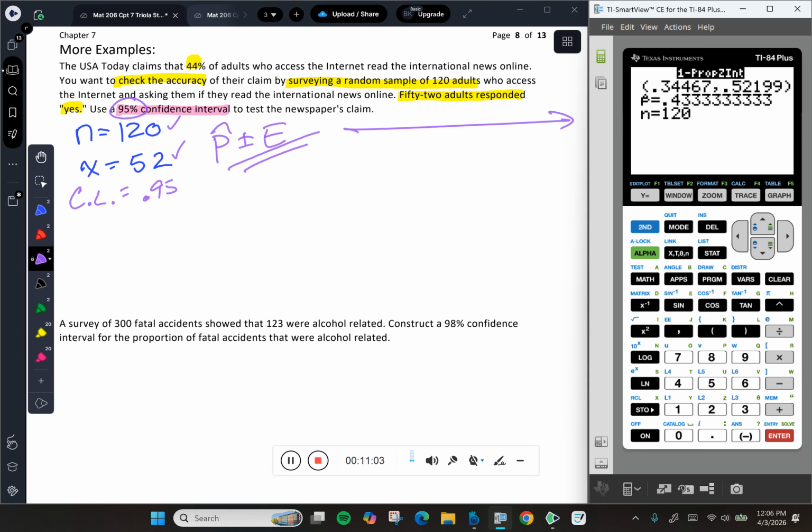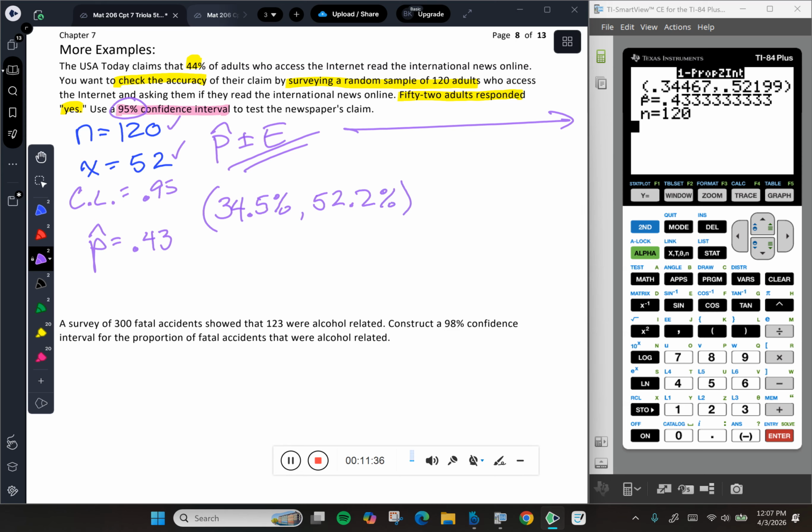And I calculate, and I see that I'm looking at a p hat of 0.43. And I've got a confidence interval of from 34.5, if I go to one decimal place, percent to 52.2%.